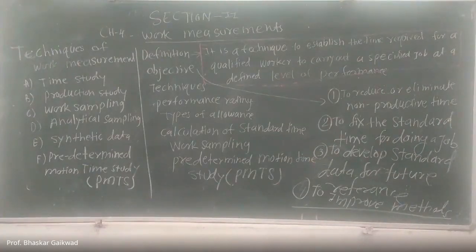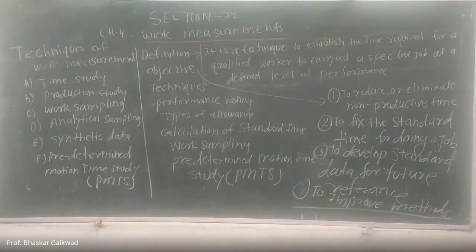So first, definitions. It is a technique, just a revision of the previous lectures, and then we'll go to the next part. The definition of work measurement: it is a technique to establish the time required for qualified workers.